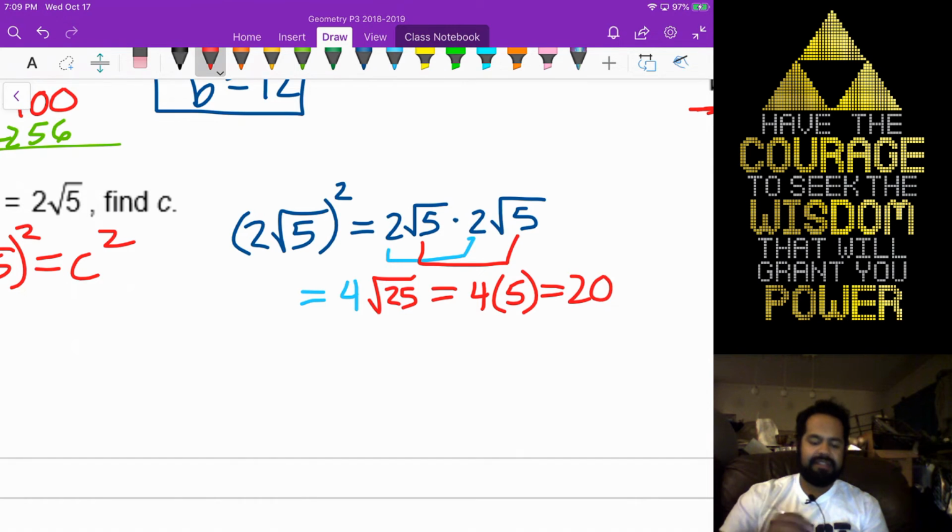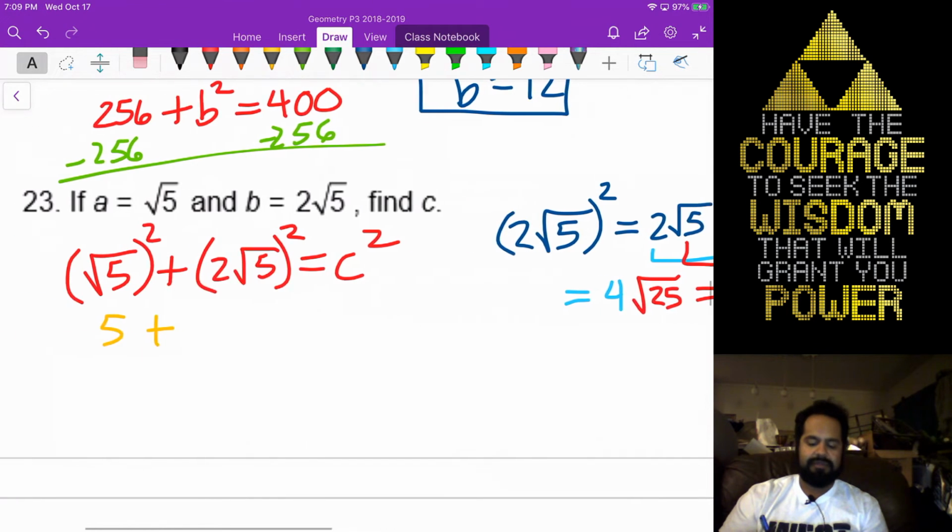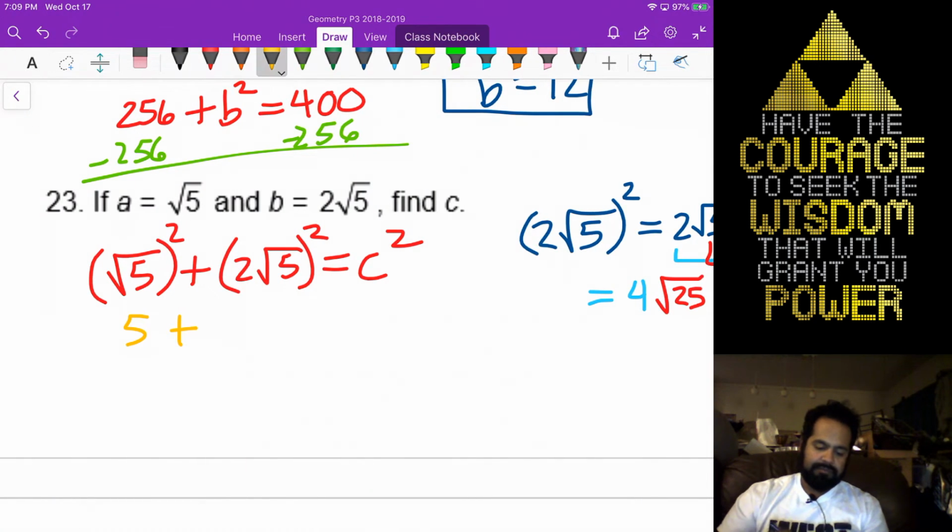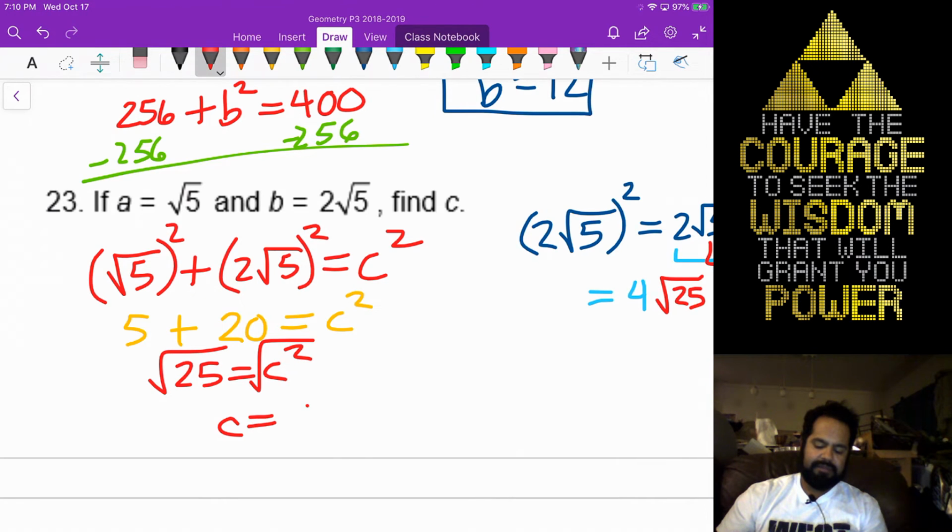So that entire thing simplifies to a nice and beautiful 20. So then right here, 20 plus 5. So therefore, c squared is equal to 25, so c is equal to 5. Alrighty.